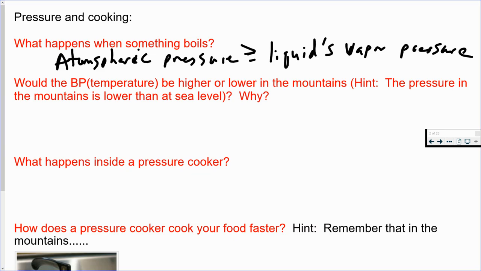So, let's talk about boiling points. Will the boiling point be higher or lower in the mountains? Pressure is lower, so therefore the boiling point would be lower. Lower atmospheric pressure equals a lower boiling point.